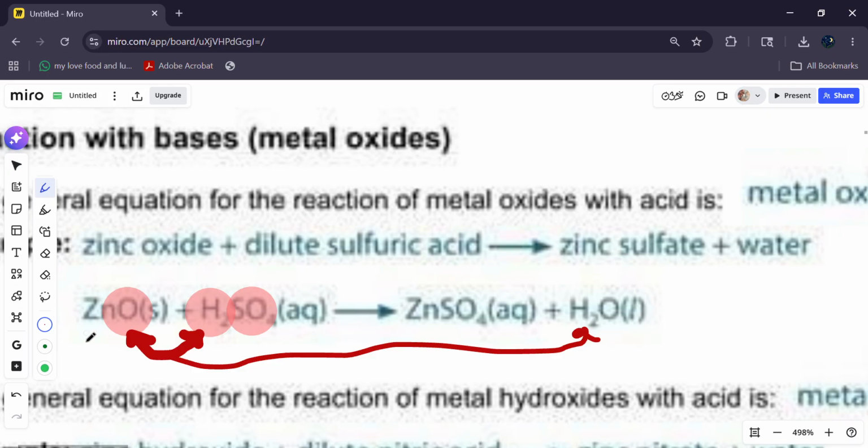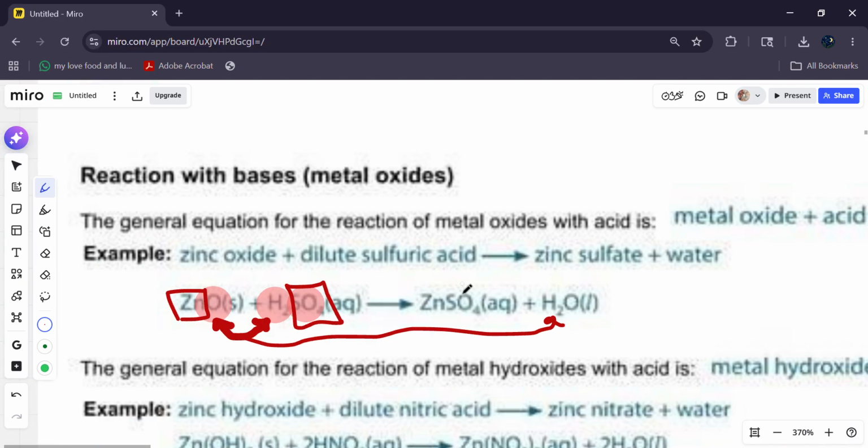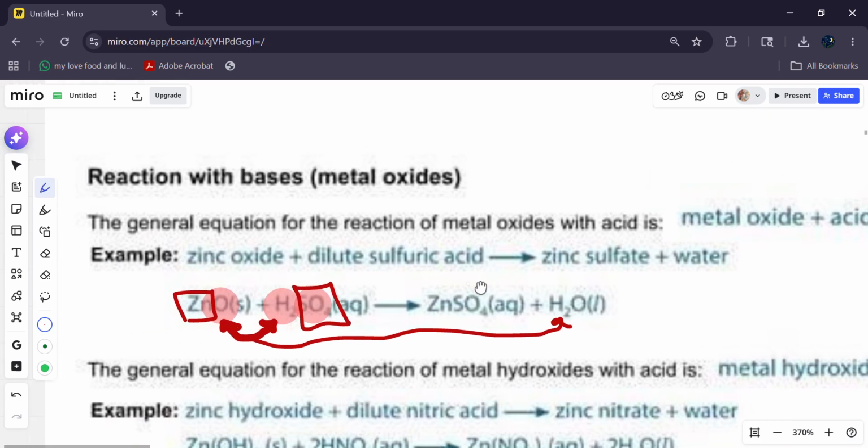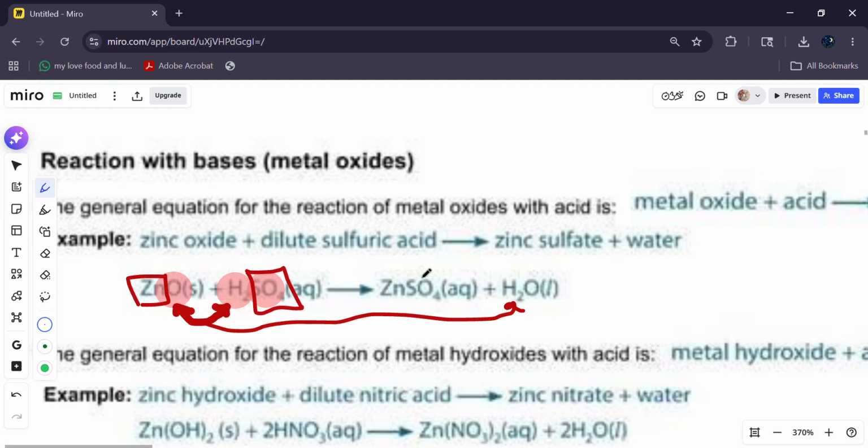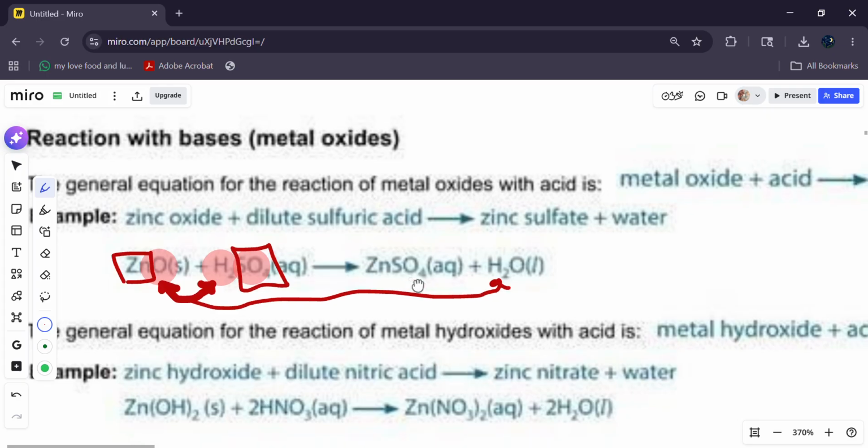And the zinc and the sulfate react together to form zinc sulfate. Now this is an important thing you should understand, that when metal oxides react with acid, they form water. But it's different with metal hydroxide.